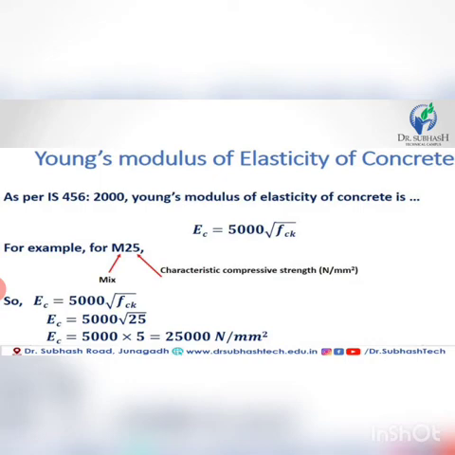So Ec is equal to 5000 into under root fck, so 5000 under root 25. So 5000 into 5 is equal to 25,000 Newton per mm square, modulus of elasticity of concrete.